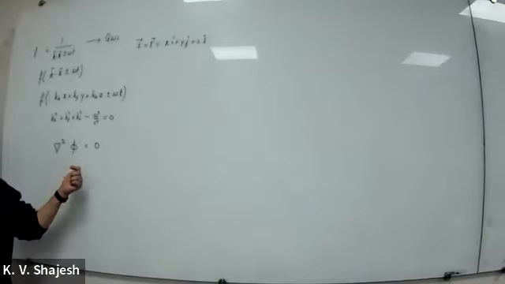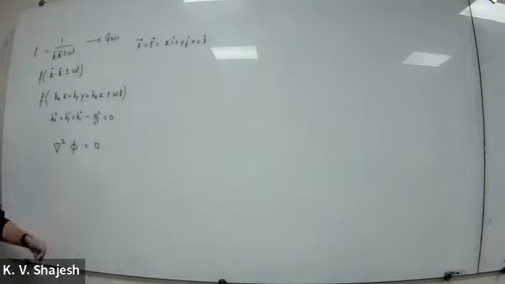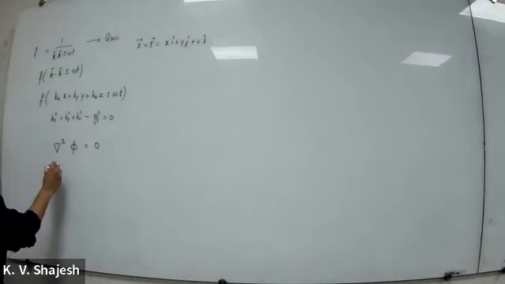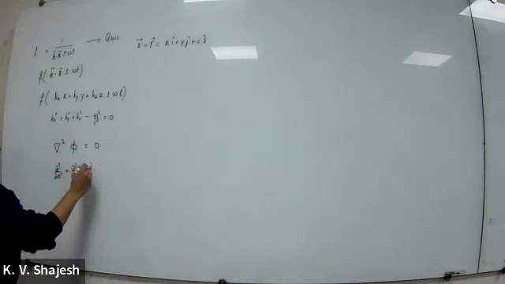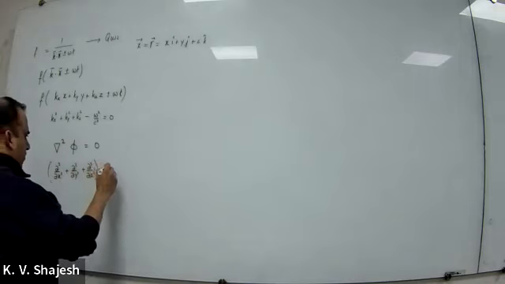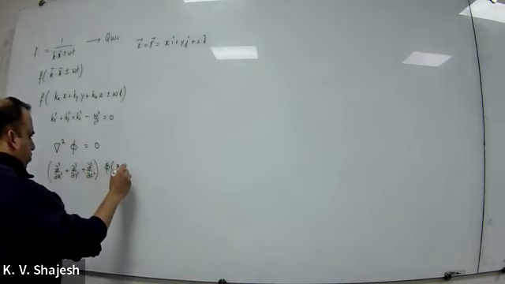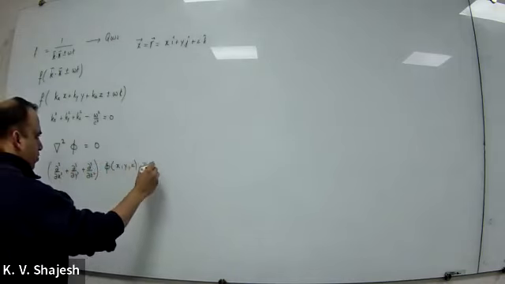This was the main equation for electrostatics and magnetostatics. This says the second derivative with respect to x squared plus y squared plus z squared of phi of x, y, z is equal to 0.